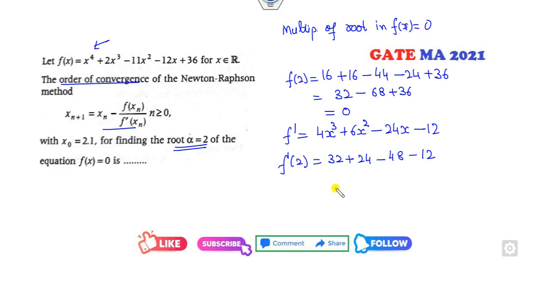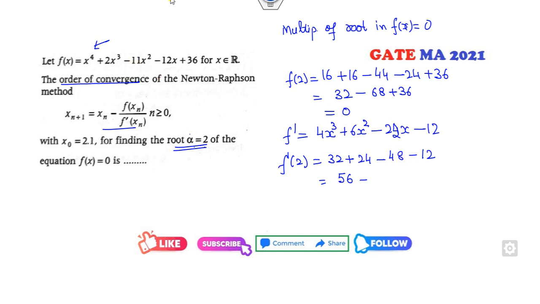Fine. So, sorry, it is 32. 4x cube, 6x square minus 24x. So at the root 2, 8 times 4 is 32, 24, then 22.